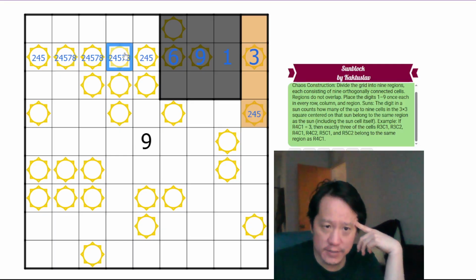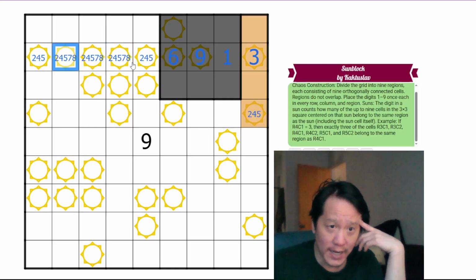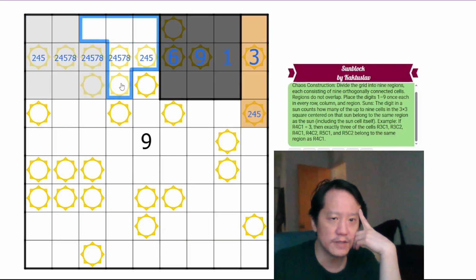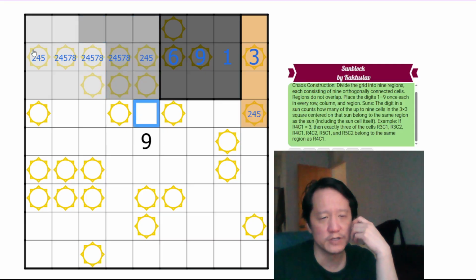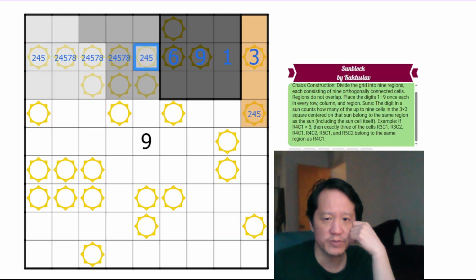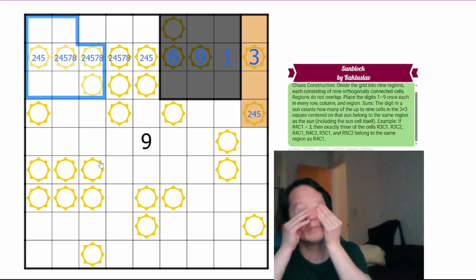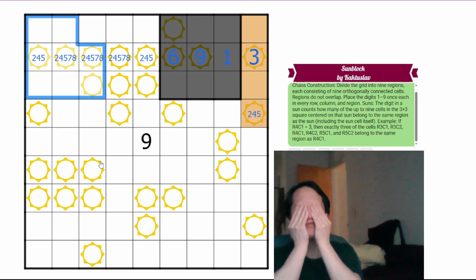Can you have 8 and 7 be opposite, non-same regions? It would have to be something like this and then this. But I don't think that works. That does not work, because then this would have to be 6, and this would have to be 6. So 8 and 7 have to overlap. They have to be part of the same region.